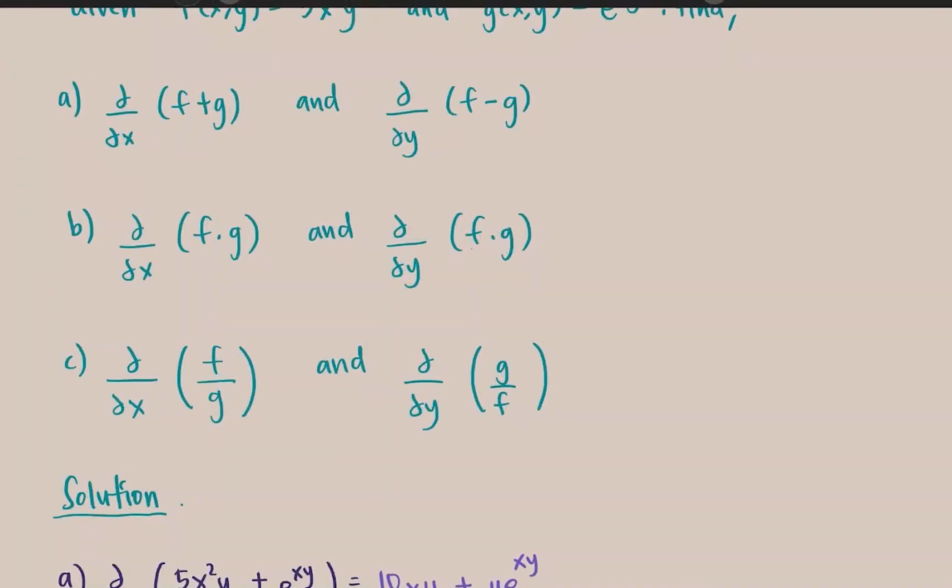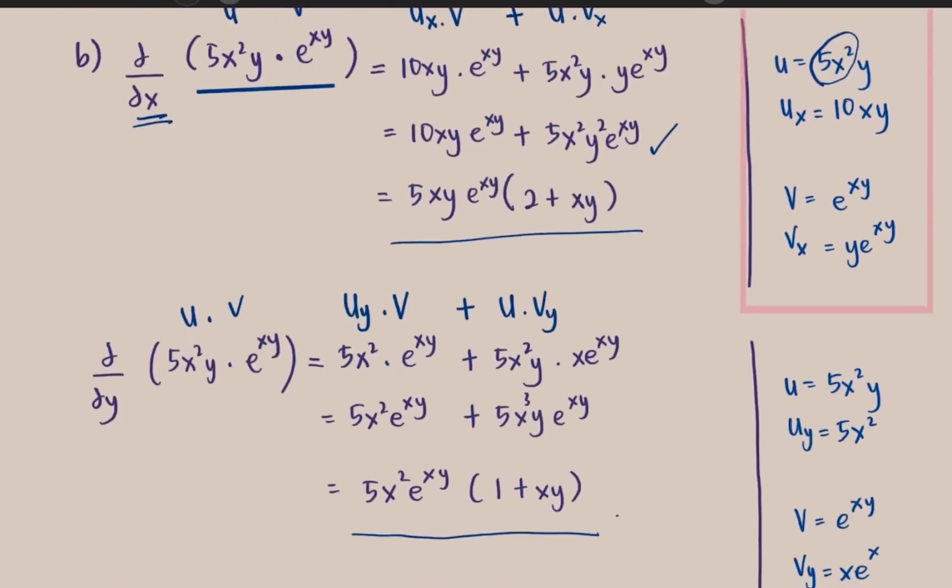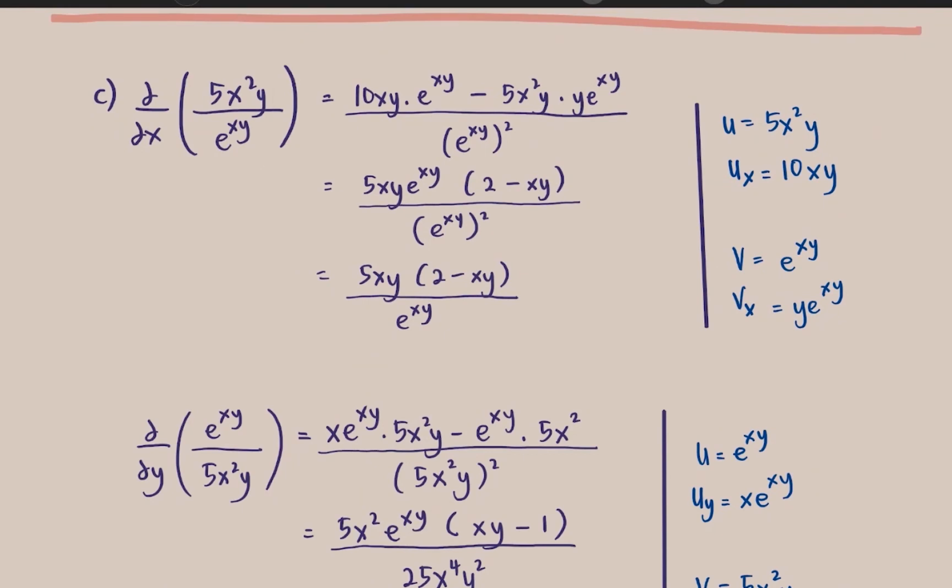Derivative of f over g with respect to x and derivative of g over f with respect to y. Okay, for the first one, differentiate 5x squared y divided by e^(xy) with respect to x. The one in the numerator we let equal to u and the denominator equal to v. And as you can see here, since we want to differentiate with respect to x, we have to find ux and vx.